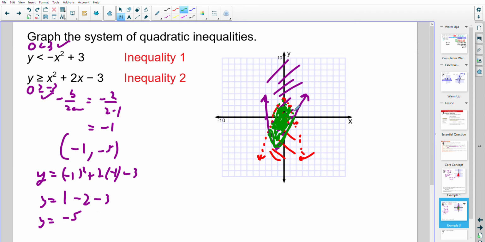Not the best graph, but you get the general idea. And just forgive me for the inaccuracies because I'm working with a pad here. So that's solving a system of inequalities by graphing, and the solution is going to be an infinite number of solutions.